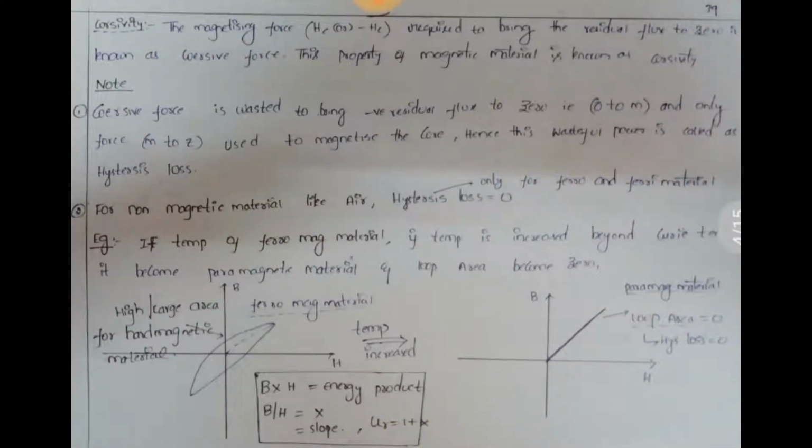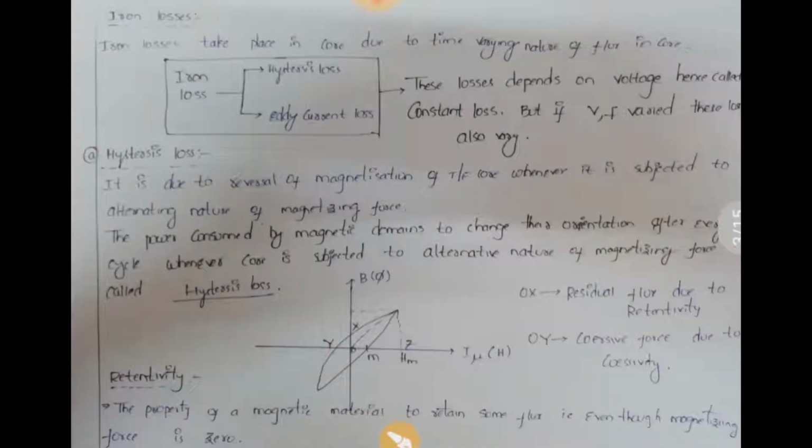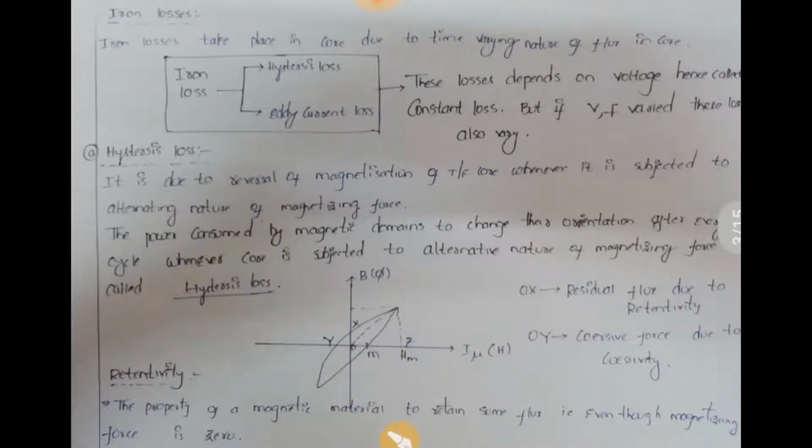What is coercive force? The force minus Hc or plus Hc required to bring the residual flux to 0 is known as coercive force, and the property of the material is called coercivity. So see here, this is I mu or H, and this is B or flux.